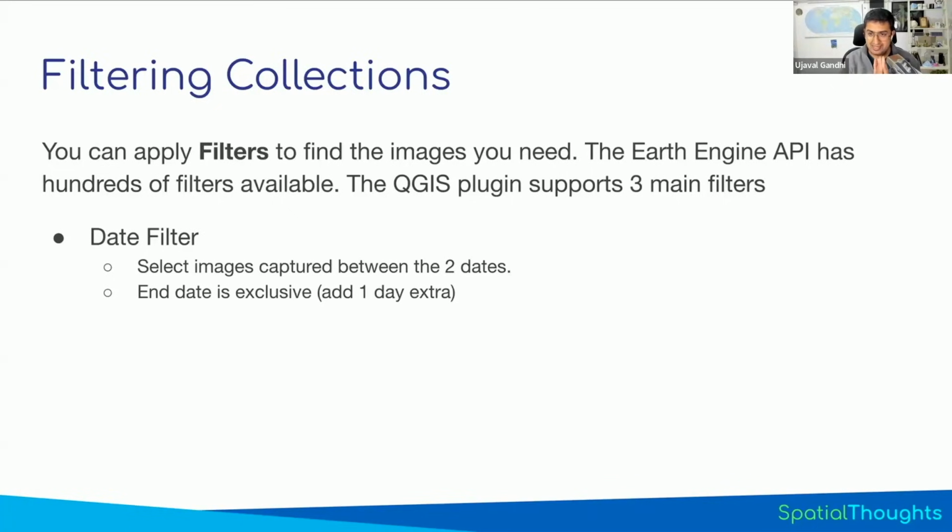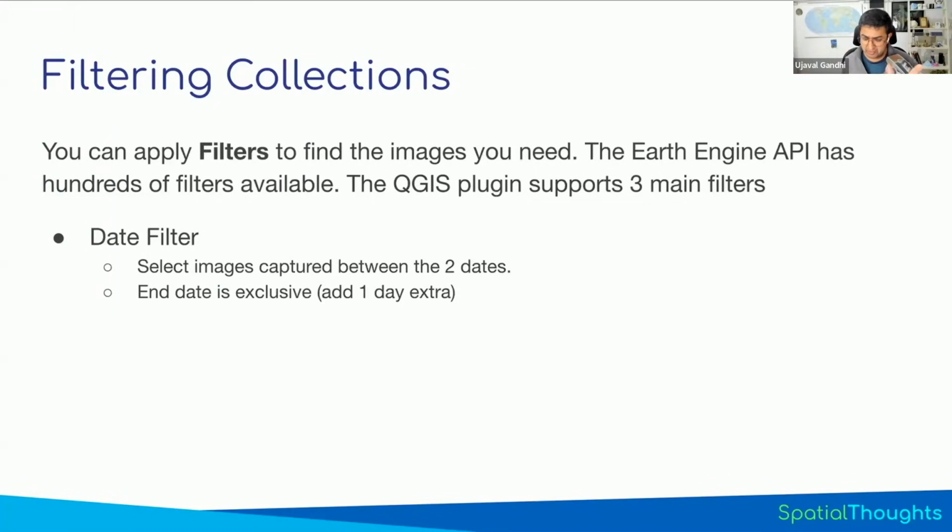So you say my start date is 1st Jan, end date is 1st Feb, if you want all images of January. This is super important if you're especially working with climate data. This can cause wrong results because you're excluding certain days that you are supposed to include in that month or a week, etc. So make sure you understand that the end date is exclusive in Earth Engine API.